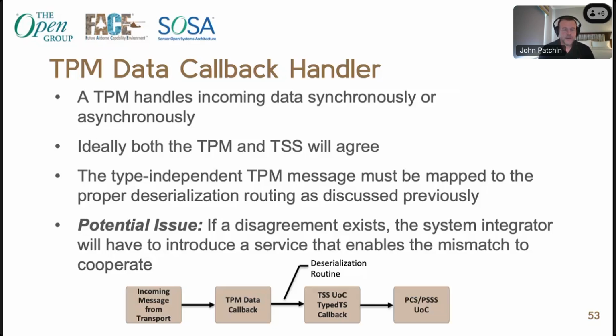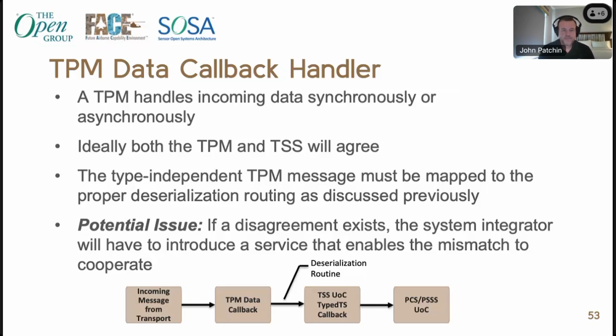I've got a little diagram there at the bottom of the slide. We show the incoming message from the transport. We've got the TPM data callback handler. Within that handler, that's where the deserialization routine is plugged in. And in this case, we do have a match of callbacks used by both the TPM and TSS, so we're able to invoke the TSS callback directly, and then it can pass that information up to the application.